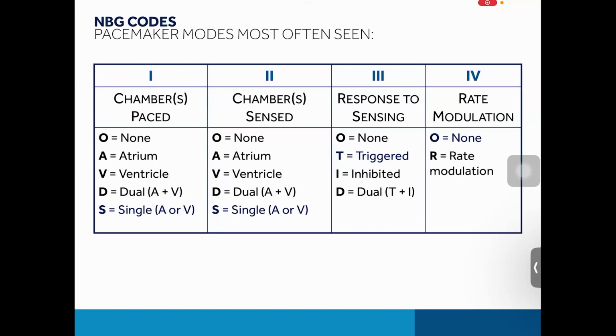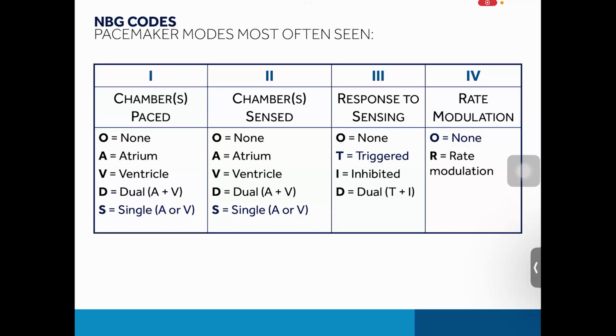What does it mean? We have four letters, the basic. The first letter refers to the chamber paced. The second letter refers to the chamber sensed, and the third letter refers to the response to sensing.